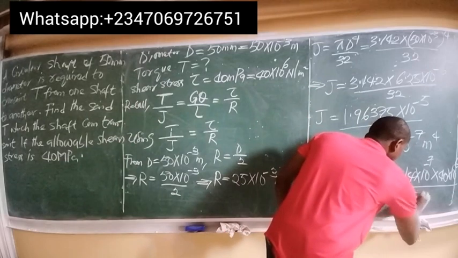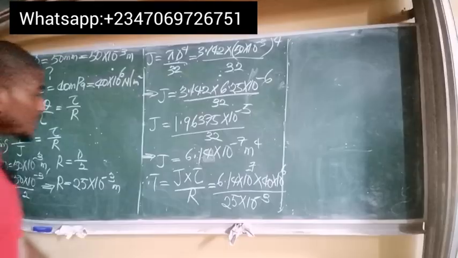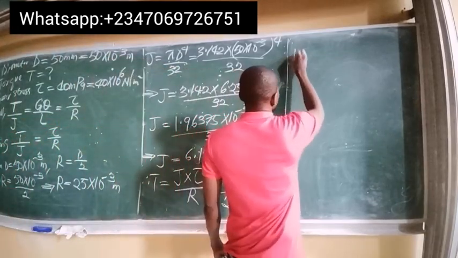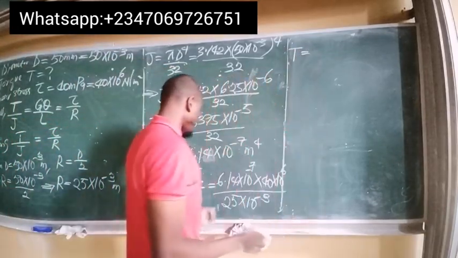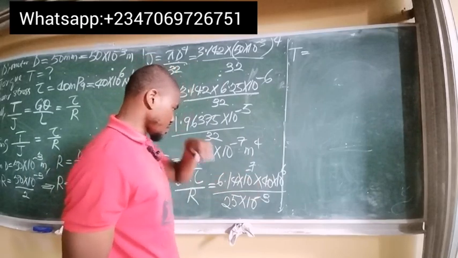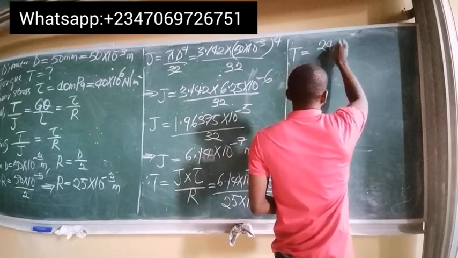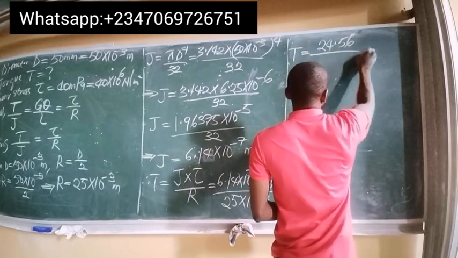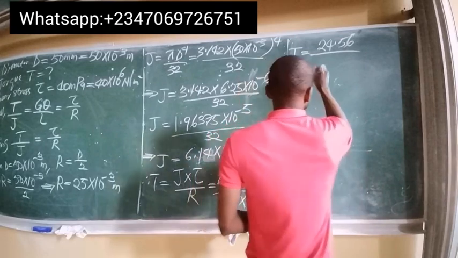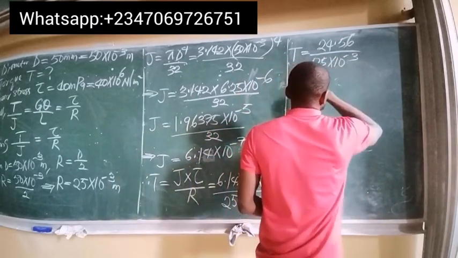So the torque T is equal to 6.14 exponential minus 7 multiplied by 40 exponential 6, which is 24.56, all over 25 by 10 to the power of minus 3.